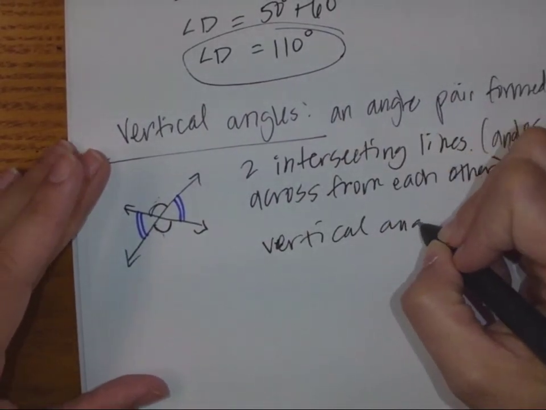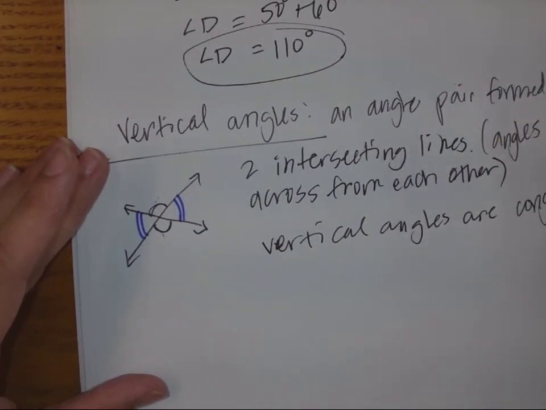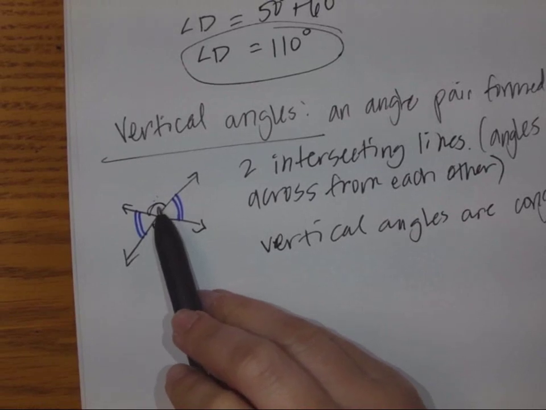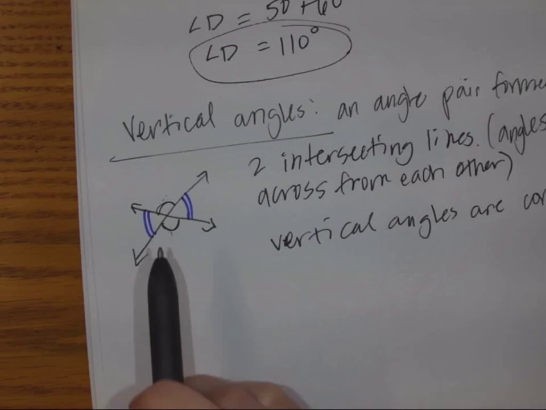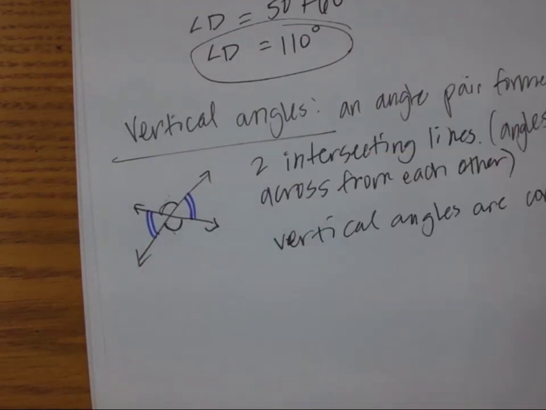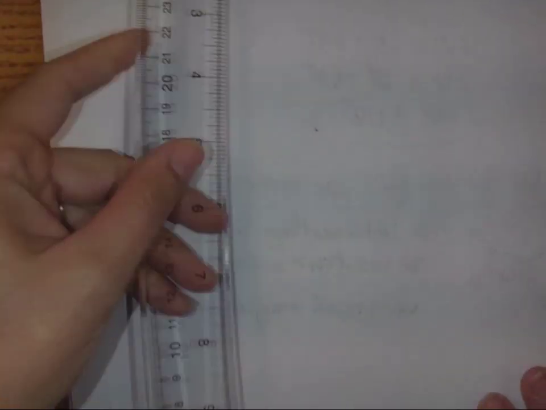Angle 3, angle 4, angle 5, angle 6, 7, 8, 9, 10, 11, and 12. Okay, let me zoom out a little bit so we can see it all at once.